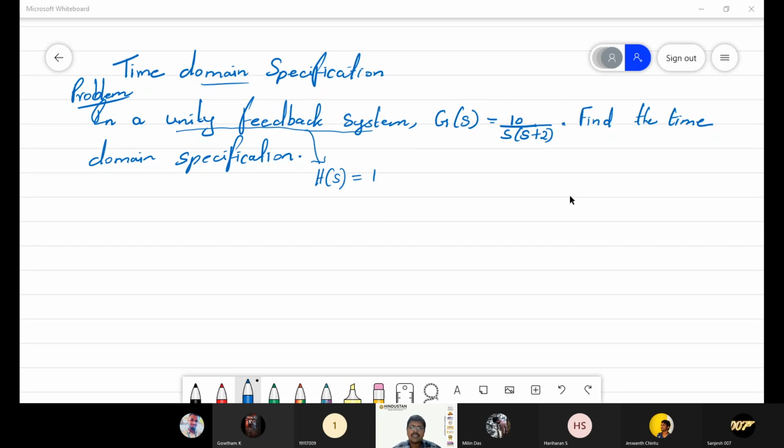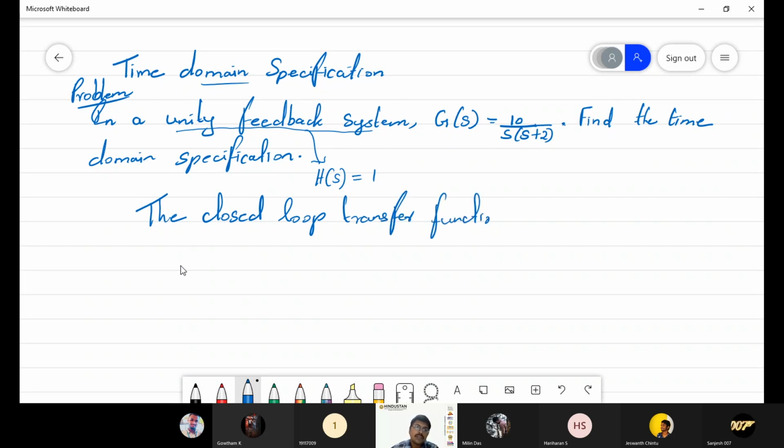So let us write the closed loop transfer function for the given system. How do we write the closed loop transfer function?